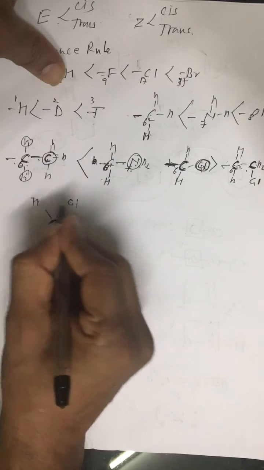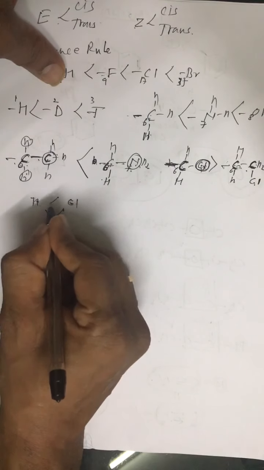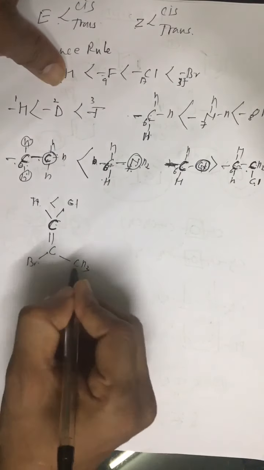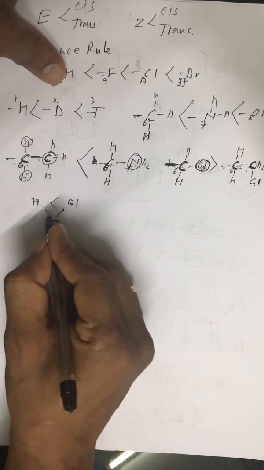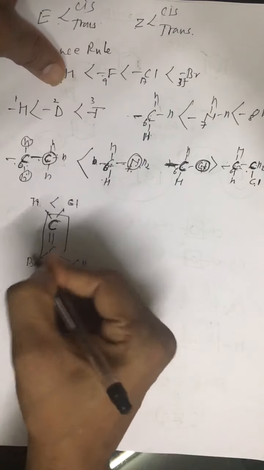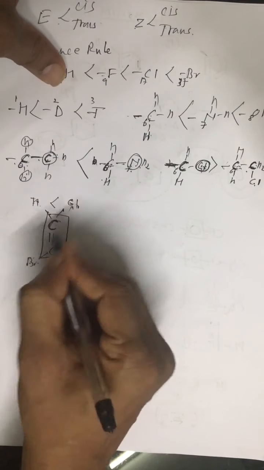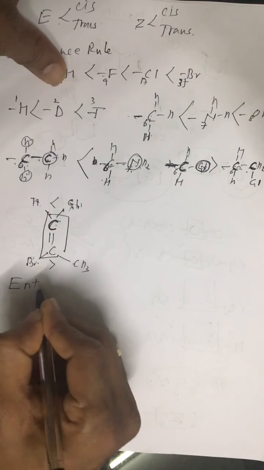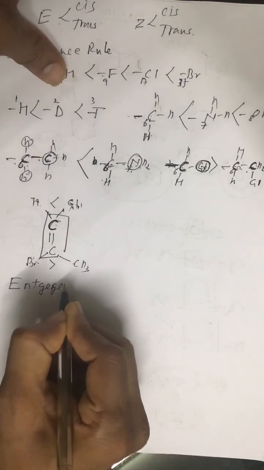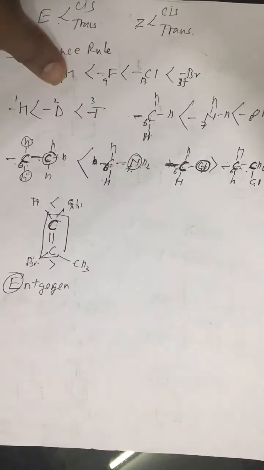Out of these two, which one is senior? Cl is senior. Now out of these two, which one is senior? Br is senior. So since senior groups are on opposite sides, we use the E form. E stands for entgegen. You simply say this is E form.